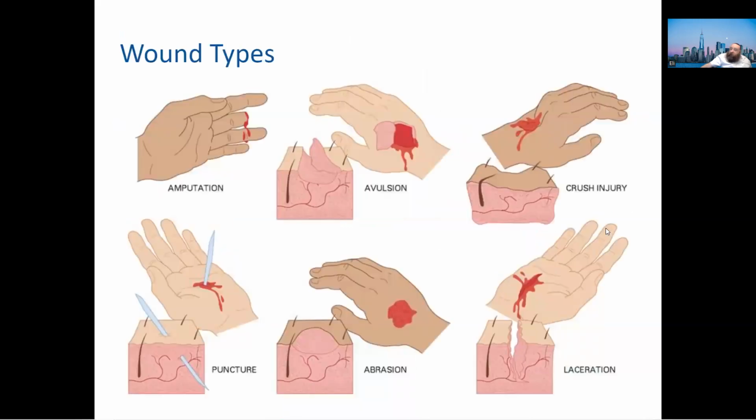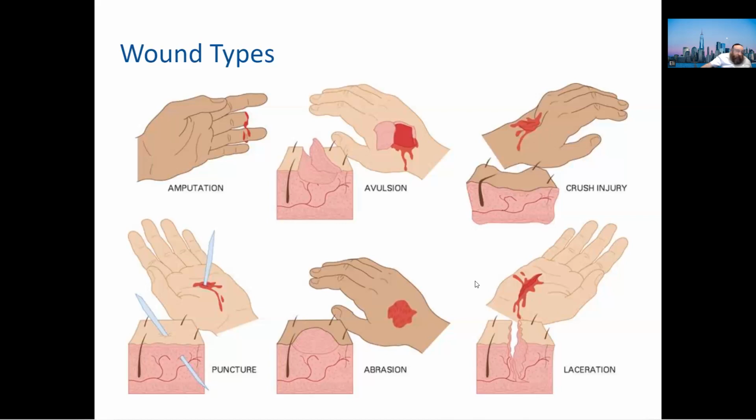Okay, it's just showing the bleeding side of things. An avulsion, where the skin is peeled back, could be serious bleeding. Puncture, here we have some sort of needle or something that's gone through. An abrasion is just, I told you, the least scary, just a scrape, and a laceration is any type of cut.